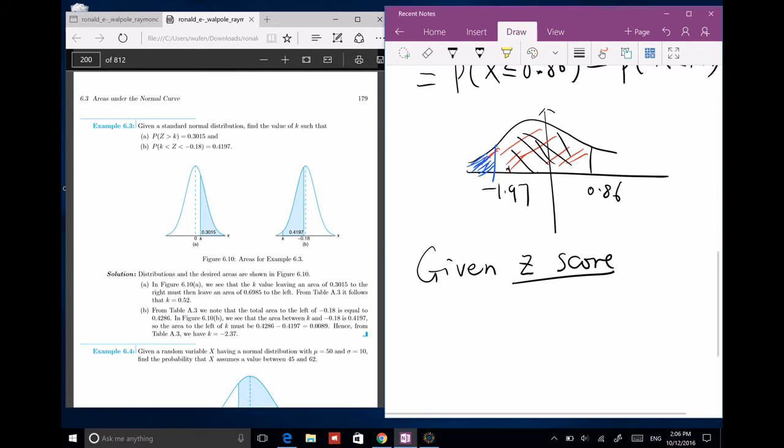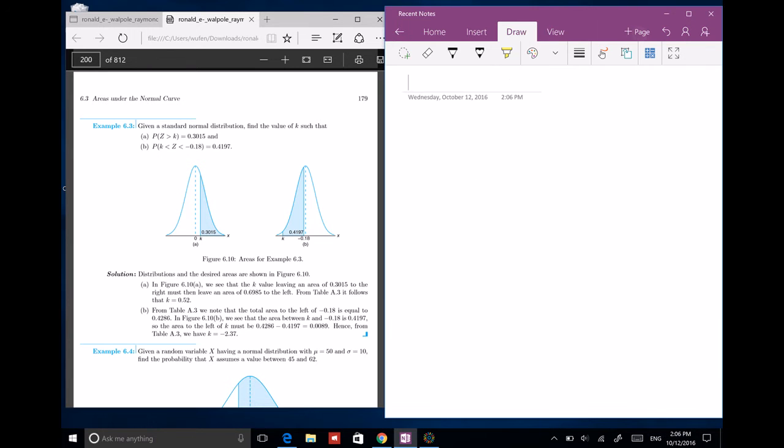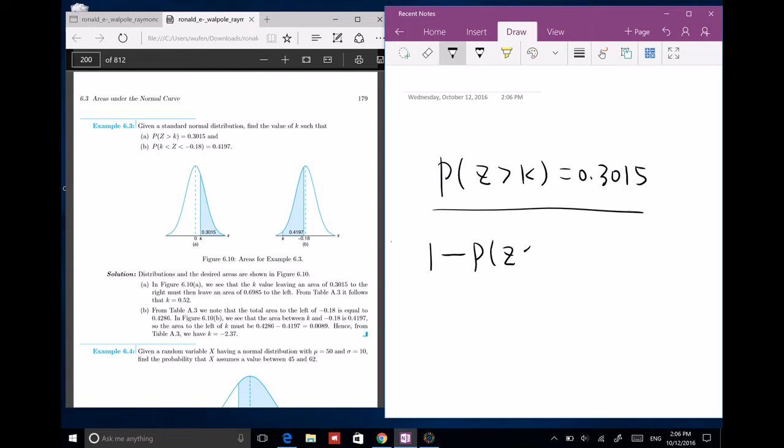Okay, so example 6.3. It asks you to find k such that the probability of z bigger than or equal to k equals 0.3015. Basically, it means 1 minus the probability of z less than or equal to k. We can change this into that, and it equals 0.3015.